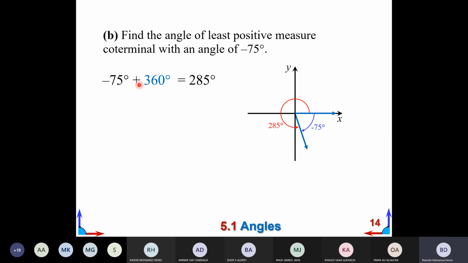In this case, we add 360 to find the least positive. If you add more, another 360, that is 720, you will get a larger angle. We don't want a larger angle. We want the first positive angle, which is 285. That's why we call it least positive, the first positive angle.